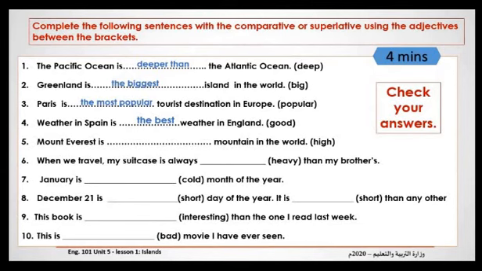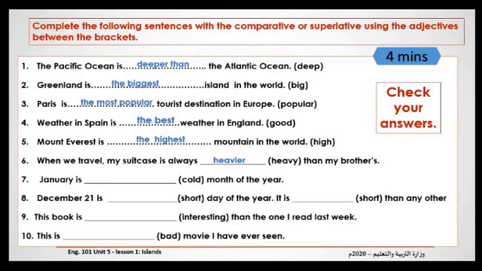Number 5, Mount Everest is the highest mountain in the world. Number 6, when we travel, my suitcase is always heavier than my brother's.